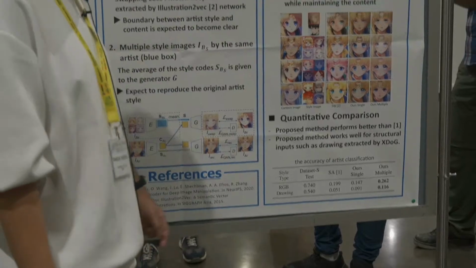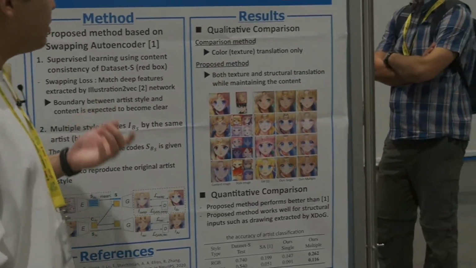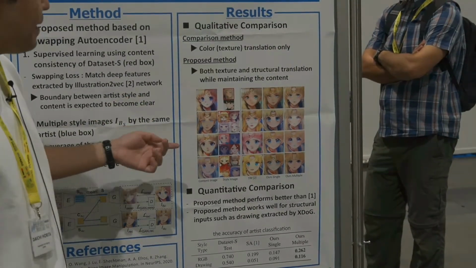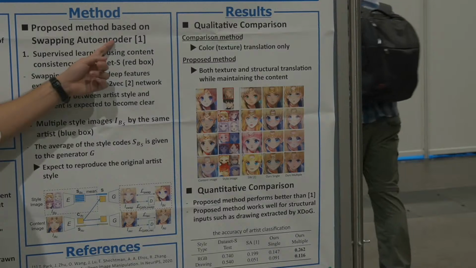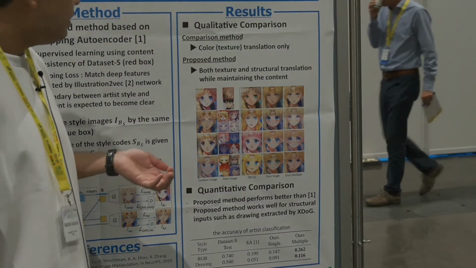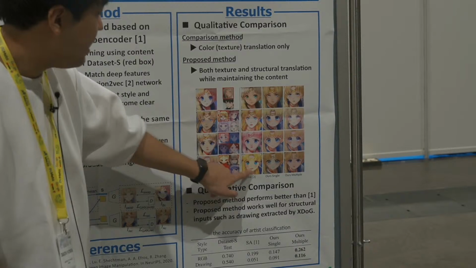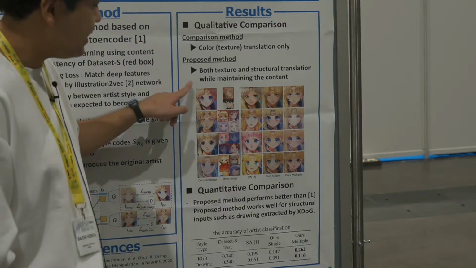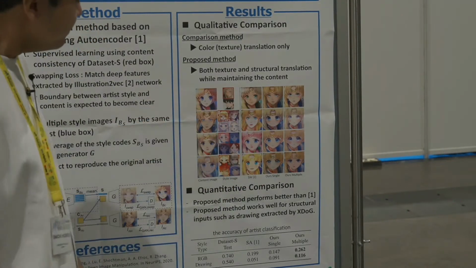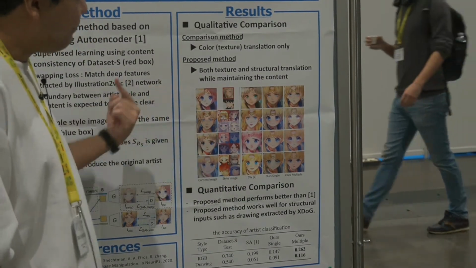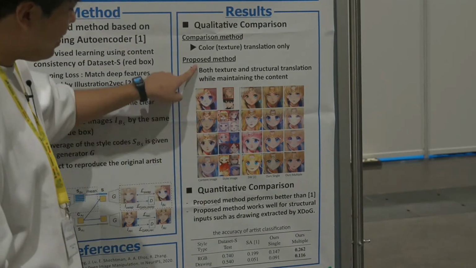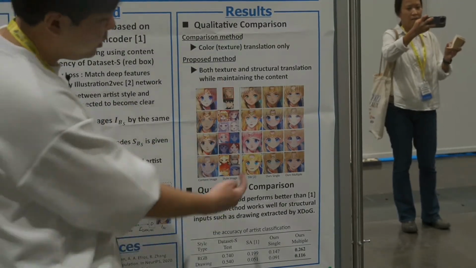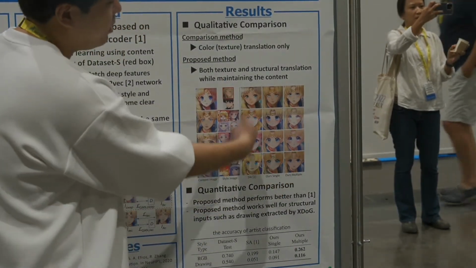Let me introduce the results. To conduct the experiments, we compare swapping autoencoder with our method. From left to right, the given images, the given style images, and three outputs are shown.